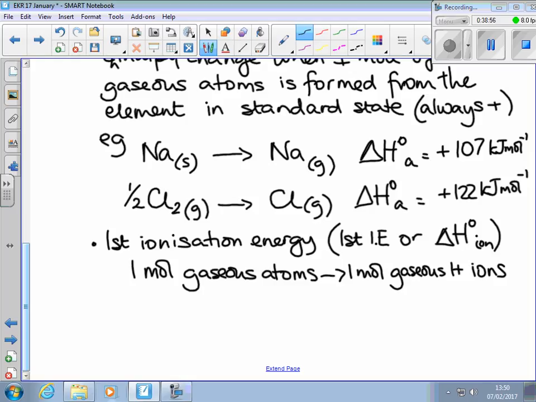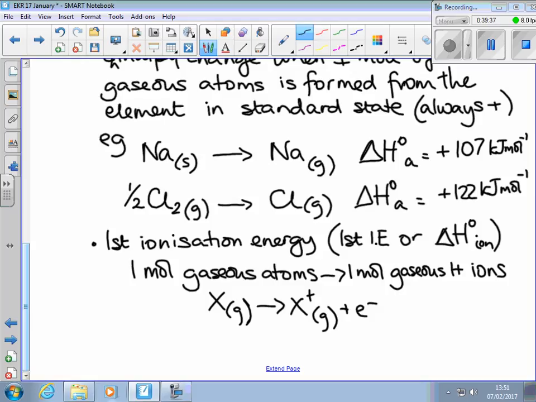So for example, substance X in gas form is going to lose an electron. If that was sodium, it becomes sodium 1+, but equally it could be the first ionization for magnesium. Magnesium gaseous atoms to Mg1+ would involve this amount of energy.